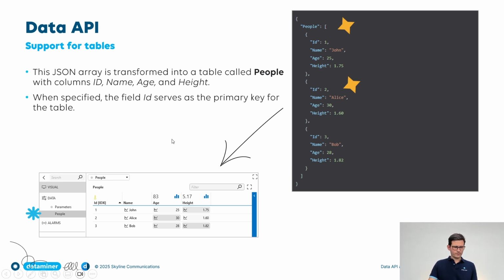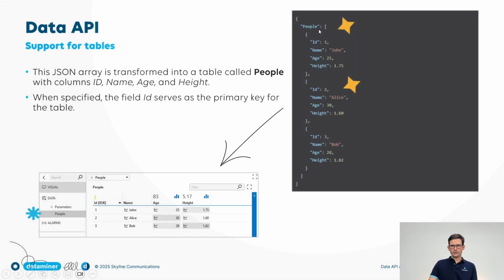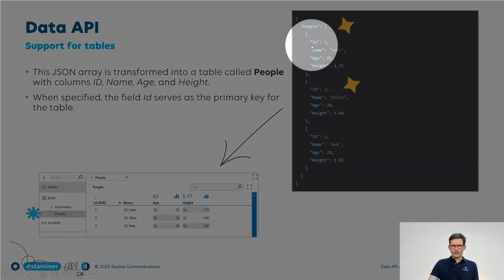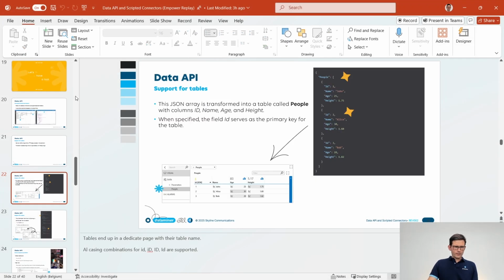On the right, I have an array called people, and that array has a couple of entries, and each entry has an ID, a name, an age, and a height. And we have 3 in total. This will be translated in DataMiner in a table.